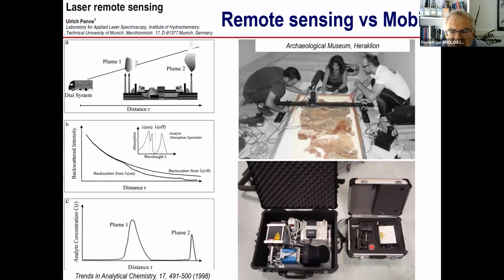There's also a spectrometer and the laser and other optical components. So this is mobility because we're talking about compact instrumentation which can travel. We can take it with us and satisfy field applications in a way.